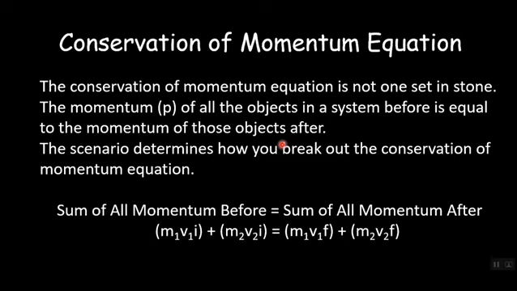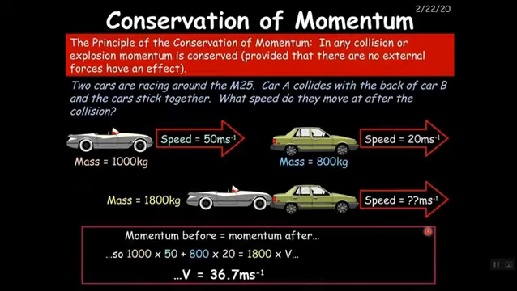Mass 1 times the velocity of mass 1 initially plus mass 2 times u2 initially gives me mass 1 times v1 finally, and mass 2 times v2. Okay, so here's the equation if we use subscripts without color. Okay, and you're required to write down the equation. So let's look at a few examples.